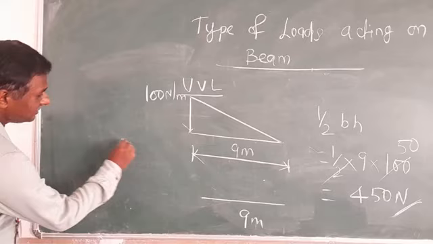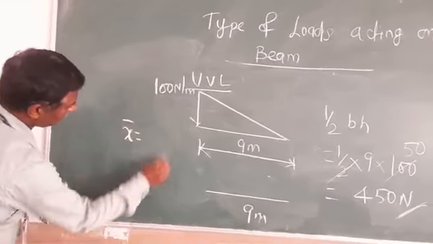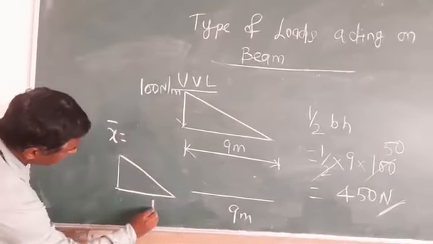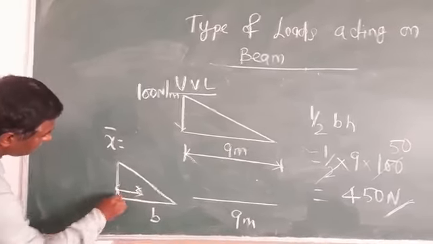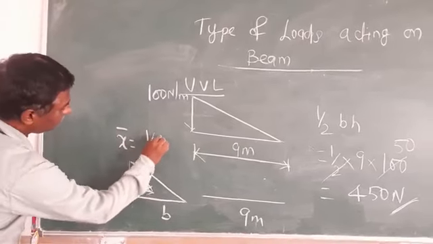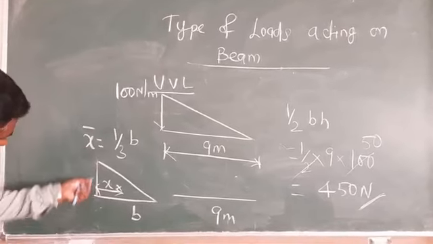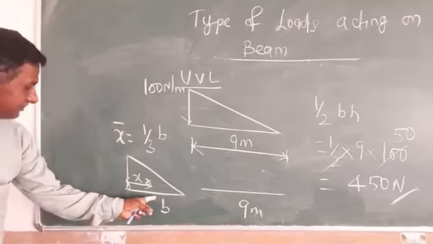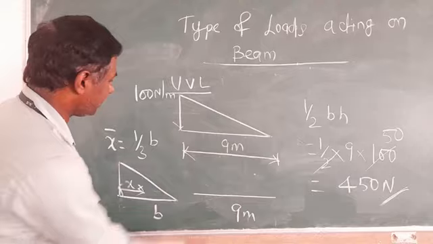For a right angle triangle, x bar equals 1/3 of the base from this maximum height. So 1/3 of the base will be the centroid.